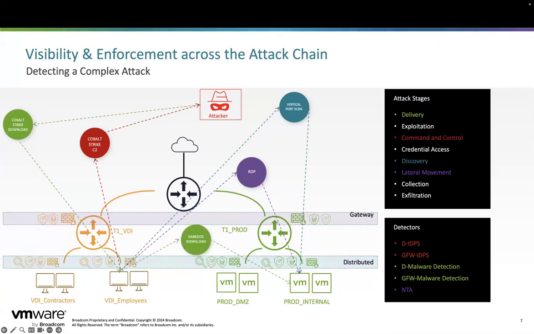And then we've got our dark side download, again part of the delivery part of the attack chain, and we've got our distributed malware and gateway firewall malware detection there. And then finally, exfiltration, the exfiltration part of the attack stage. Again, we've got our IDPS to detect the exfiltration. And then finally, encryption.